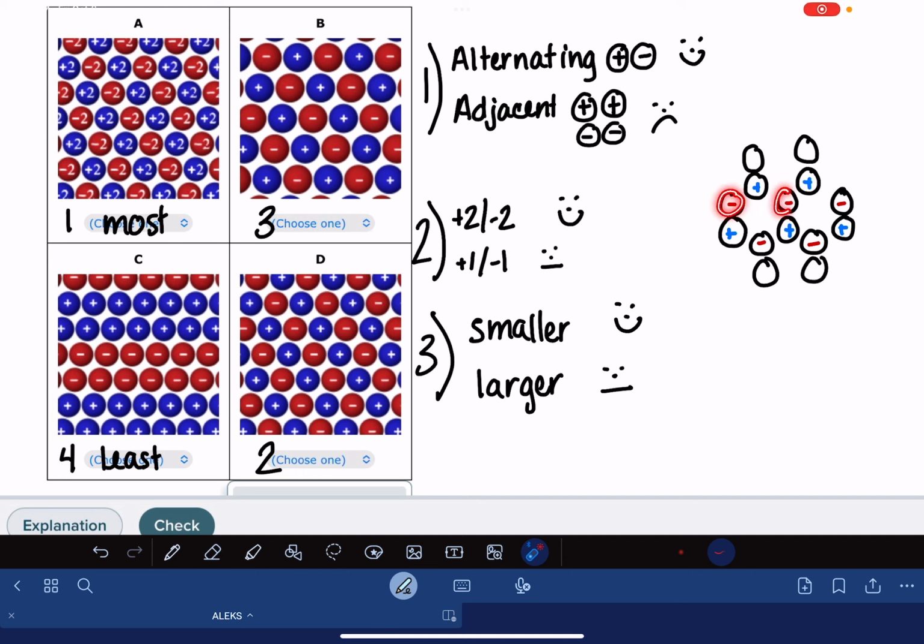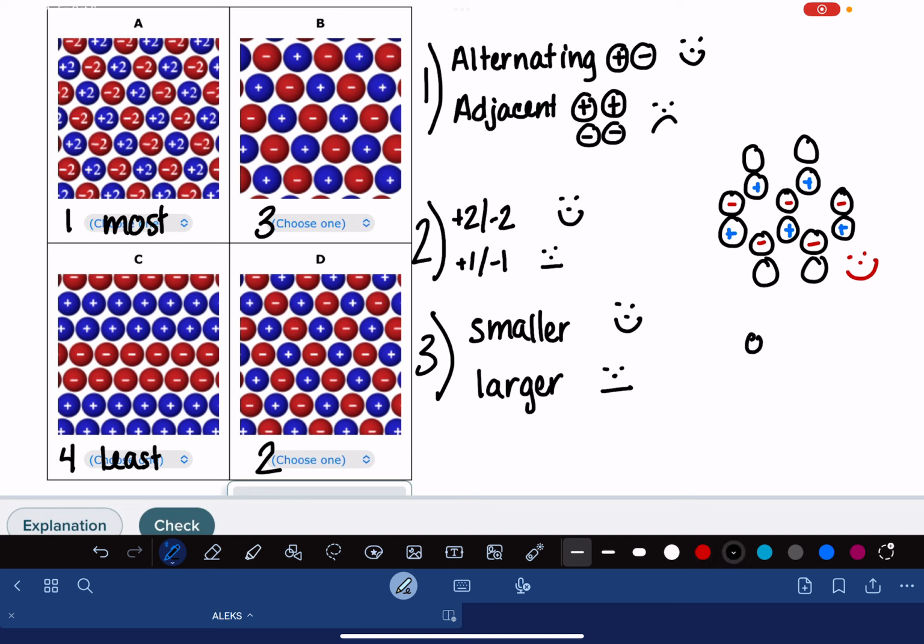These negative charges are not literally adjacent to each other. They are staggered with these positive charges. So this is not what we would consider adjacent charges. We would consider this alternating charges. The atoms that they're in contact with are alternating charges. So this is good right here.